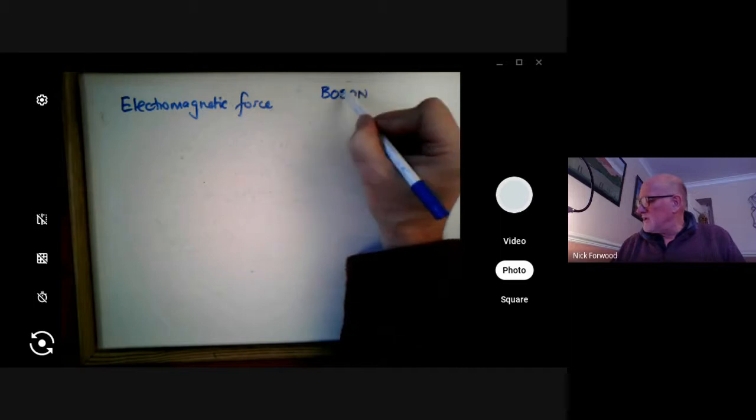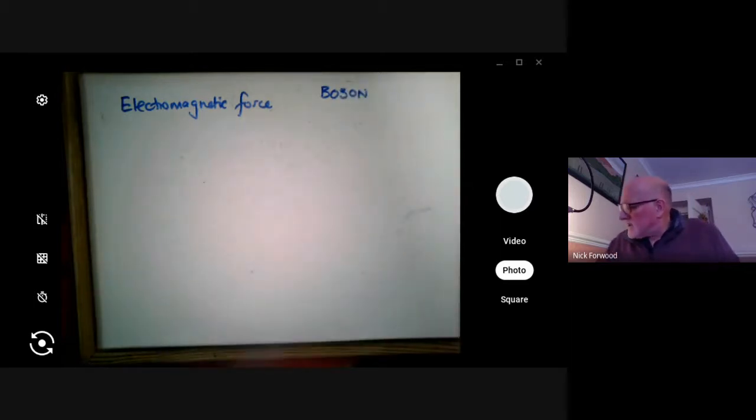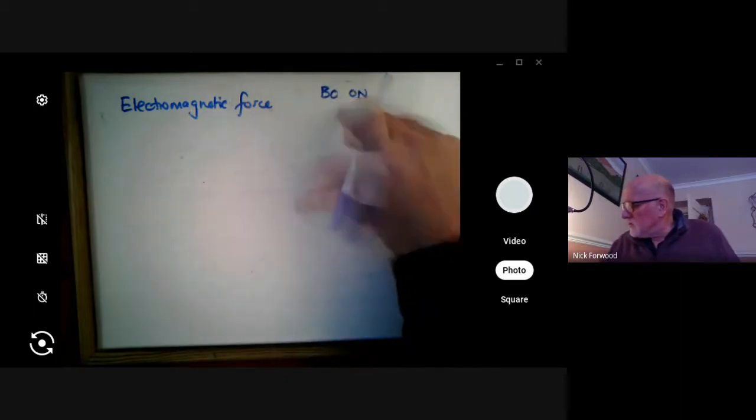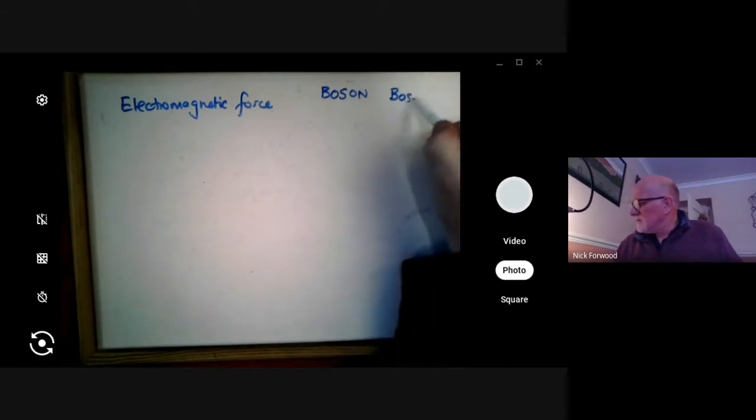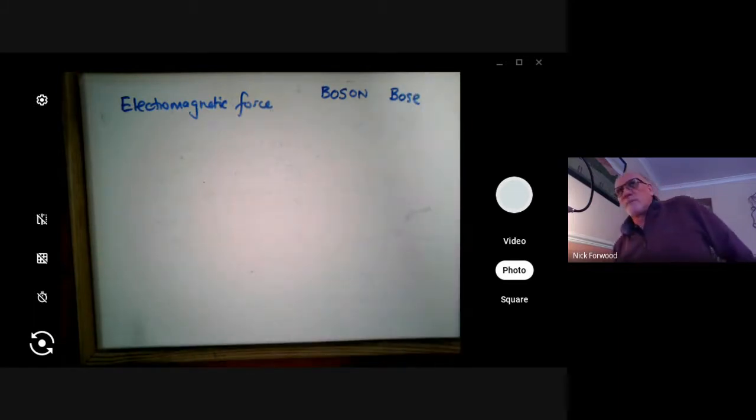Bose, B-O-S-E, was an Indian scientist. That's an S there, by the way, B-O-S-O-N, named after an Indian particle physicist called Bose. Can't even spell Bose now, B-O-S-E. And if you're familiar with really expensive headphones and loudspeakers, also invented by another person called Bose.